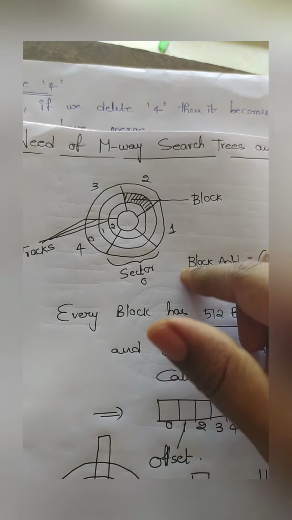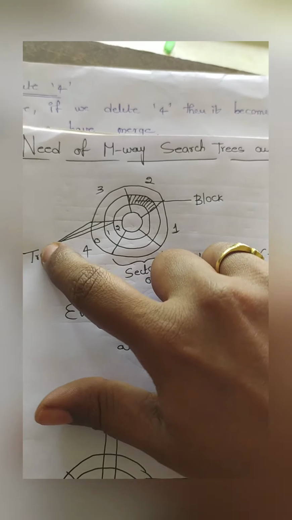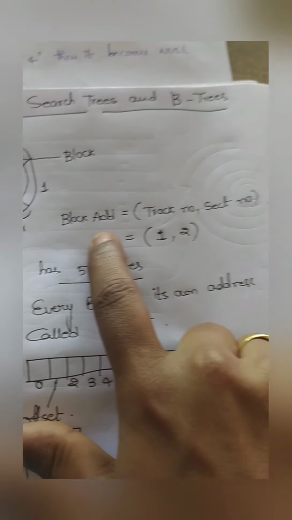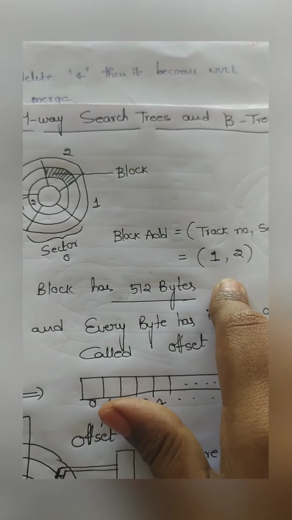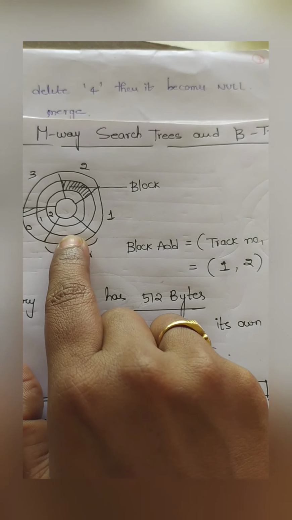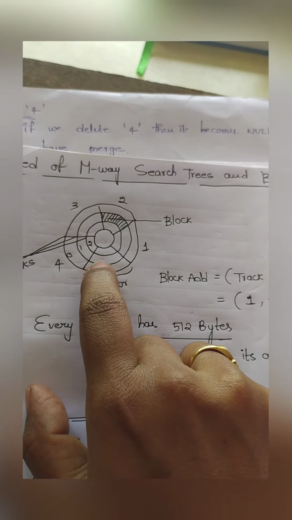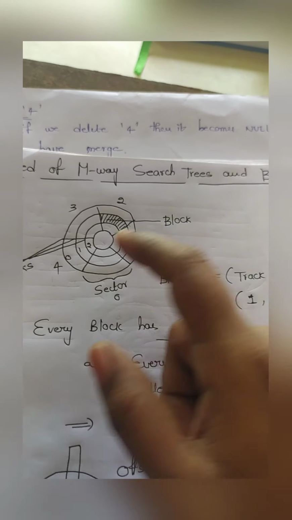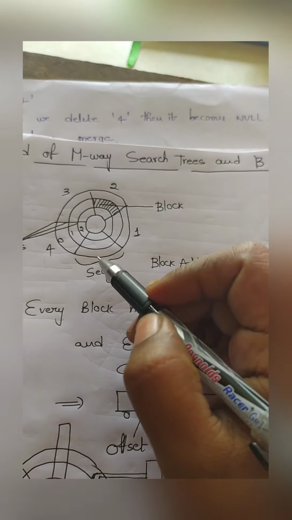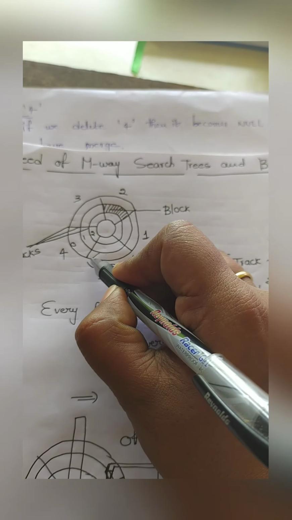Whenever we want to access a block address, we need to know the sector number as well as the track number. For the block address: track number, comma, sector number. So here sector number 0 and track number 0, this is the block. Sector number 0 and track number 0 is one block.